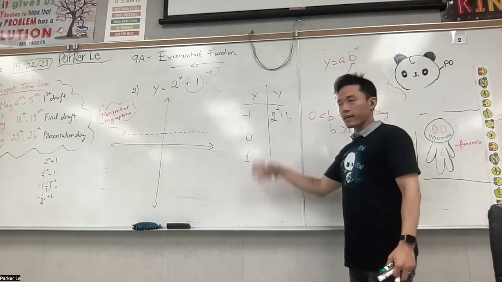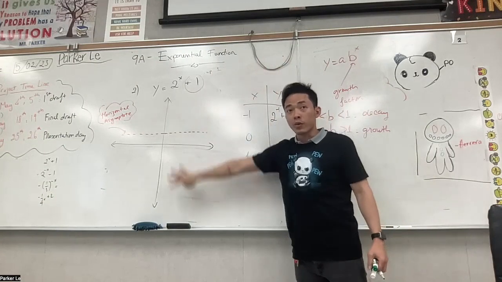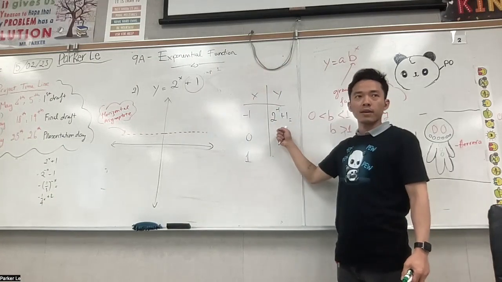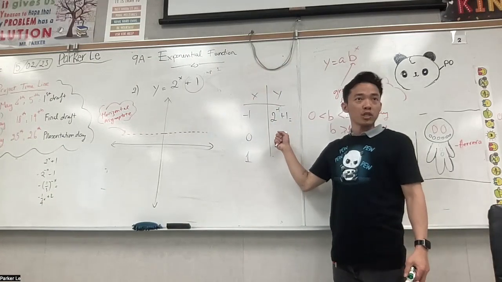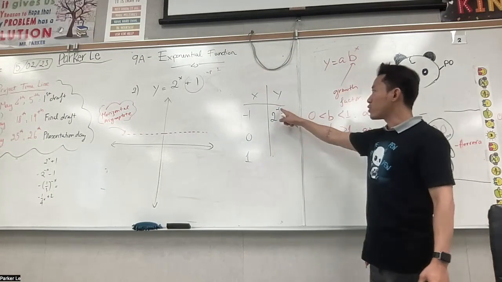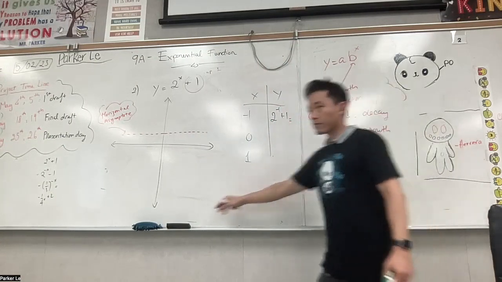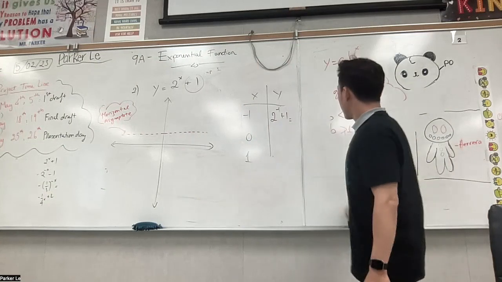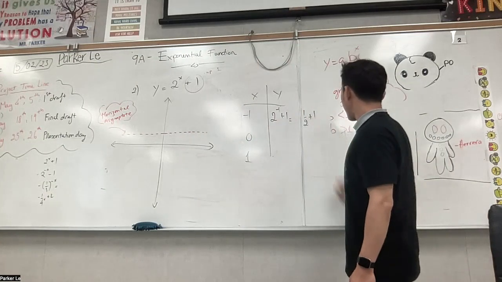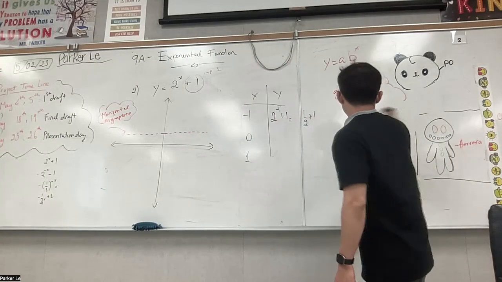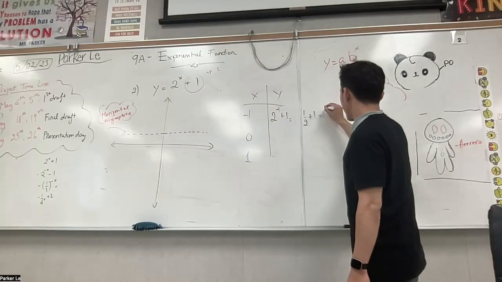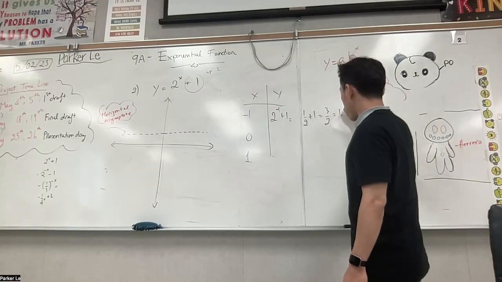If you make a mistake doing this, it mainly comes from the calculation, so make sure you calculate it right. What is 2 to the -1? 1/2. So 1/2 plus 1 is 3/2. Very good. This is 1.5.